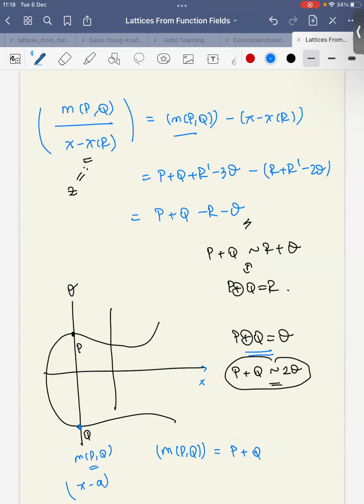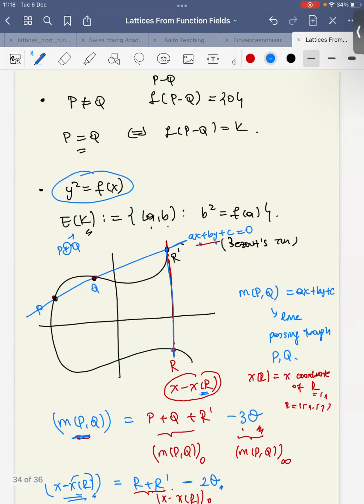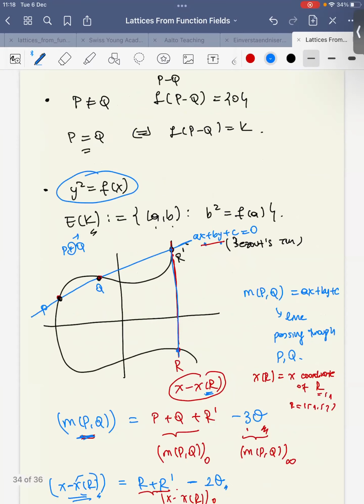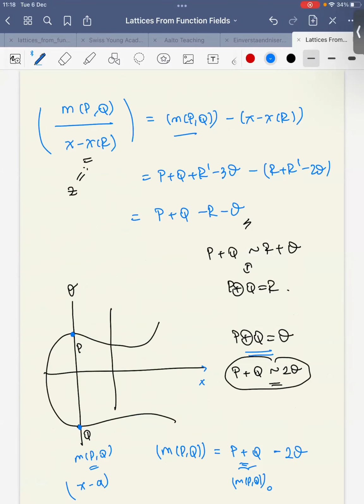So we only have two zeros, located at the intersection of this line and the elliptic curve. So P and Q are the only zeros, and its pole is indeed 2O again, thanks to this observation. And in this case, one over M of P and Q gives us this equivalence.